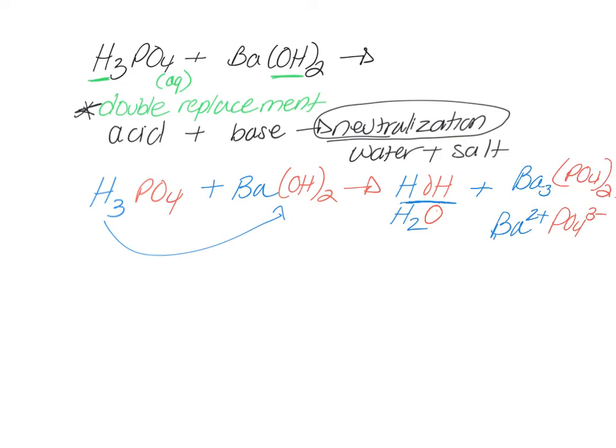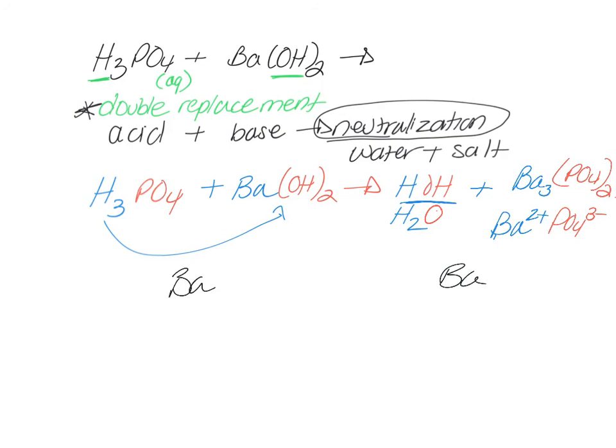Okay, and now this one's kind of tough to balance because I could look at the PO4 separately and I could look at the barium separately, but then how do I look at the hydrogens? Do I look at them as hydrogens or do I look at them as hydroxides?